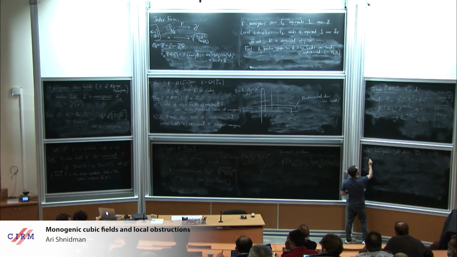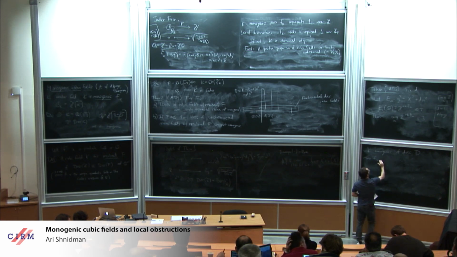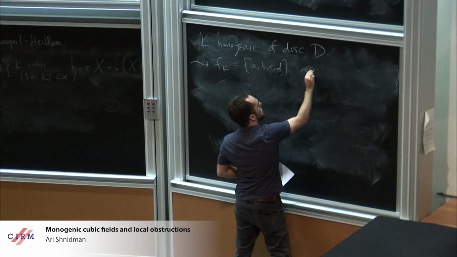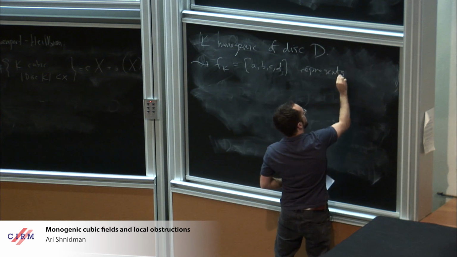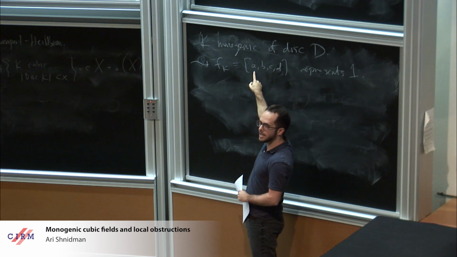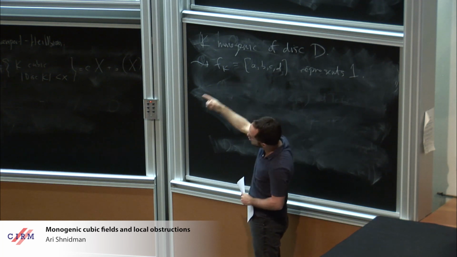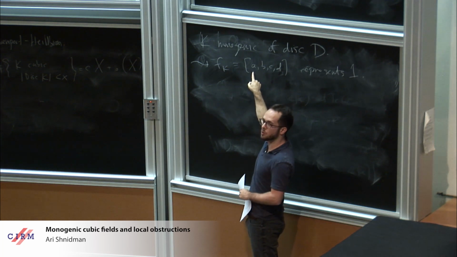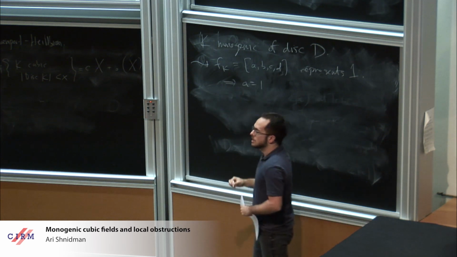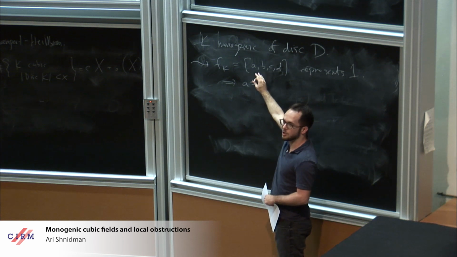So this means that F_K, which I'll write in terms of its 4 coefficients, represents 1 over Z. What does that mean? It means that, since I'm allowed to change my basis, A can be 1. So A is 1, and I have a monic cubic form.